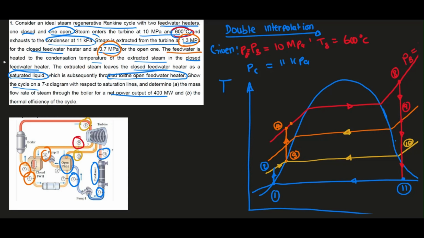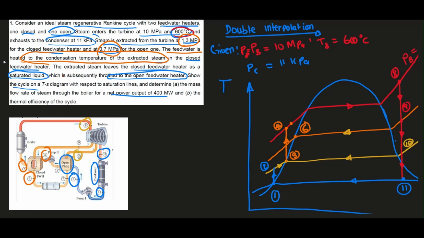The feed water is heated to the condensation temperature of the steam. So as it leaves at state 5, it leaves at the condensation temperature of the steam extracted from 9. Cool. So the condensation temperature of steam will be the temperature at state 6.